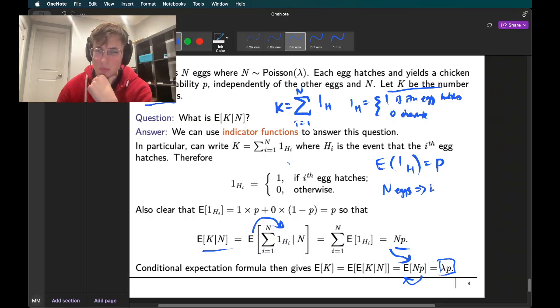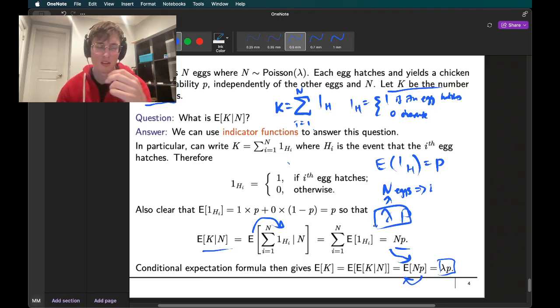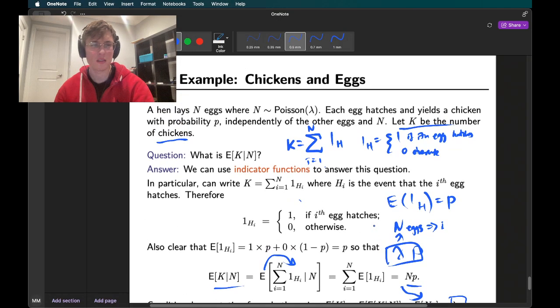Oh no, sorry. N is Poisson, so the expectation of N. This N varies according to the Poisson distribution. No, N is a random variable. It's not a number, so I was getting that wrong. So on average, this is lambda, and then a fraction p of them hatch, so that's why it's lambda p. You can just realize that that's about what it looks like.